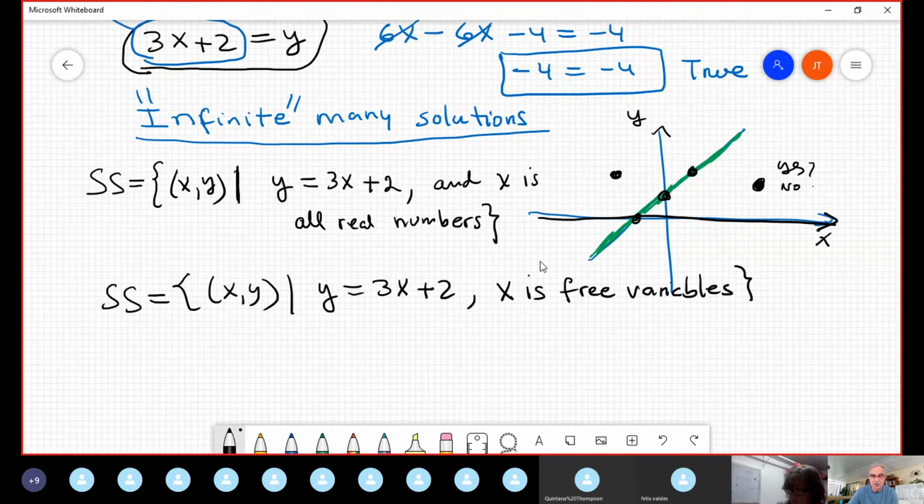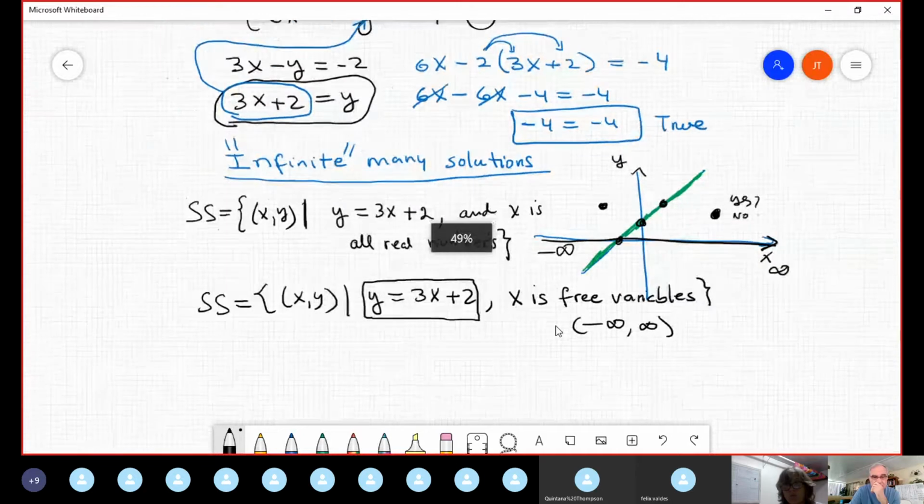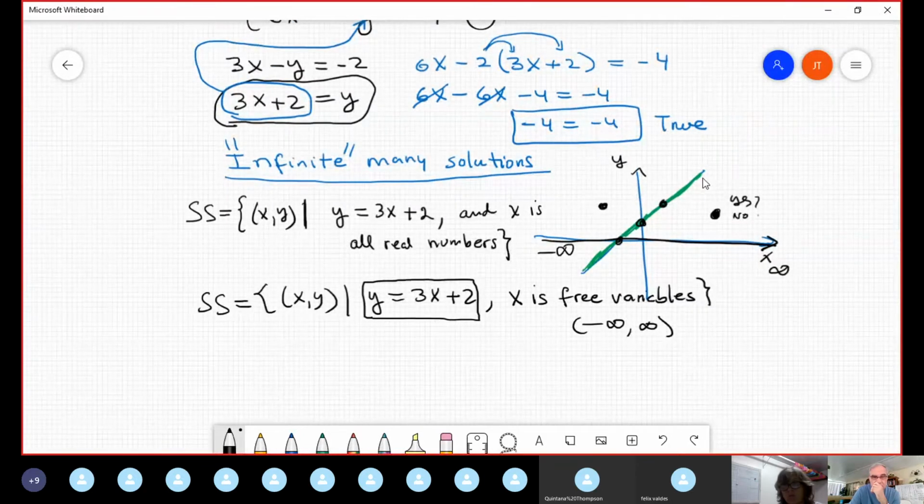It's completely all real numbers, from negative infinity to positive infinity. However, why not? In this case, it is from negative infinity, under this formula.